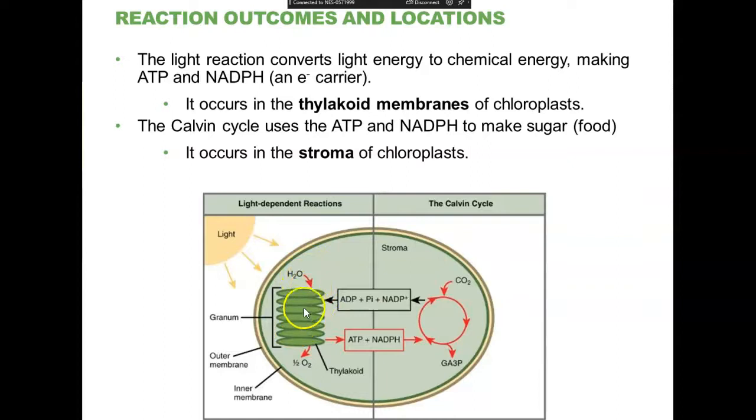On those surfaces, we're going to use light energy to strip electrons off of water, and protons, so hydrogen atoms plus electrons, leaving only oxygen as a byproduct right there. And then those electrons and the protons that went with them are bound to a transport molecule called NADPH.